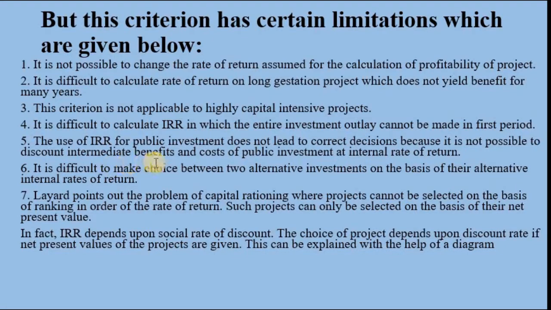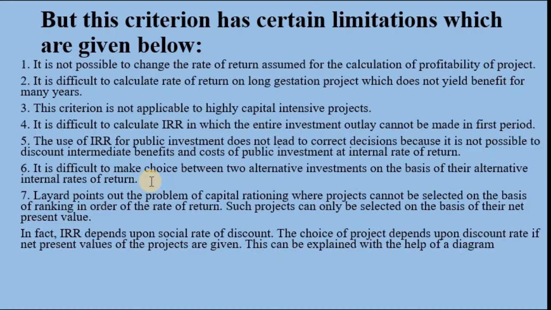The use of higher public investment does not lead to a correct decision, and it is very difficult to make a choice between alternative investments on the basis of their internal rates of returns.